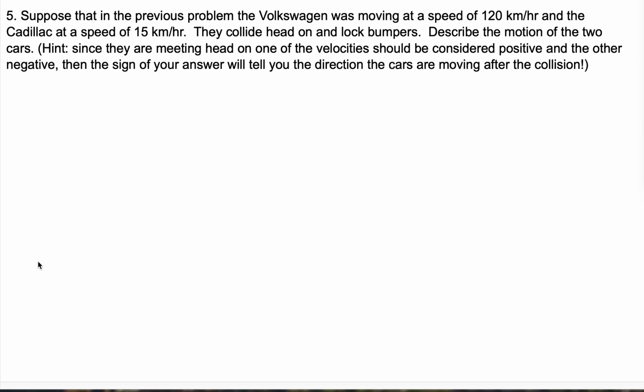So I make you convert these. Actually, just to make this problem easier for right now, we're never going to do this on the test, let's just leave these in kilometers per hour instead of meters per second.